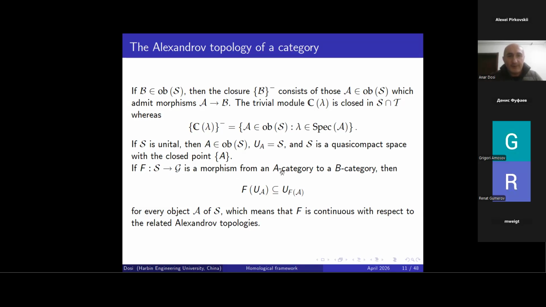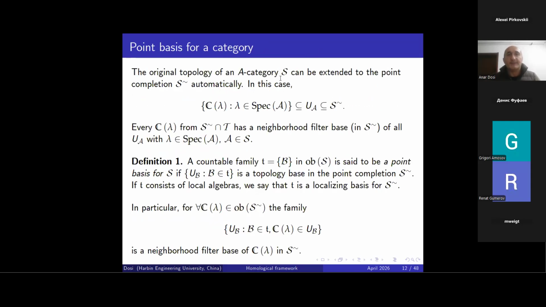Well, if we have a morphism, as I told you, there's a functor from S to another category, from A category to B category. Then we have this property concerning the least neighborhoods. This actually means that our morphism is continuous with respect to the related Alexandrov topologies. That's good. Well, the topology on S can easily be extended to the completion, right?